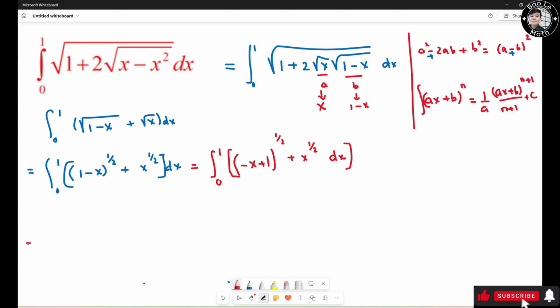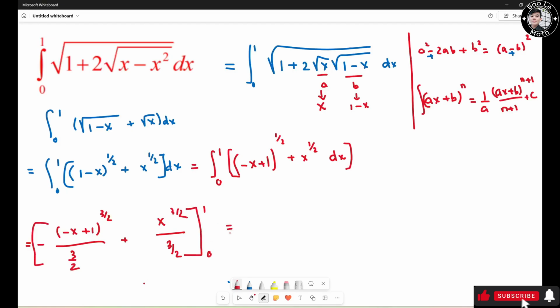So it turns out to be negative s plus 1 to the power of 3 halves over 3 halves, plus s to the power of 3 halves over 3 halves, evaluated from 0 to 1, right?